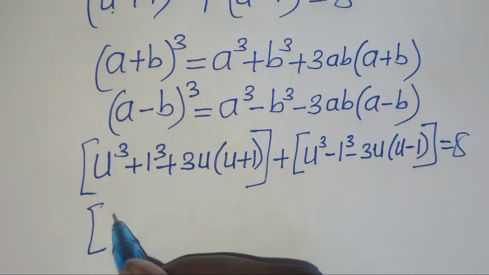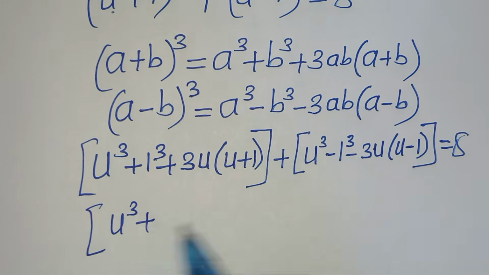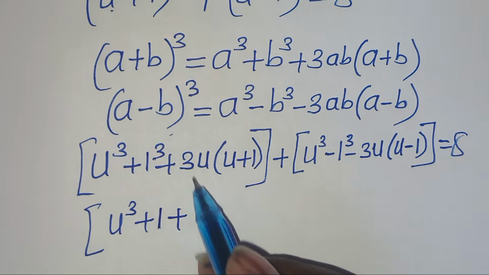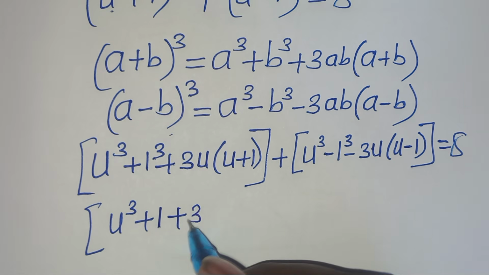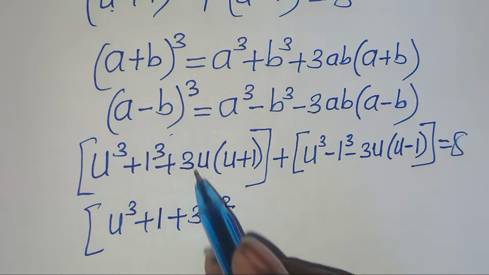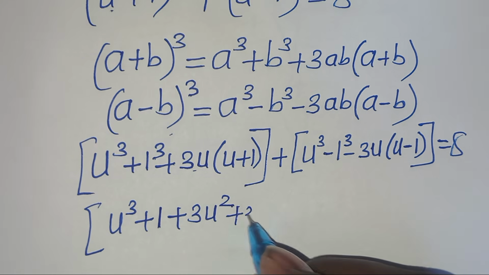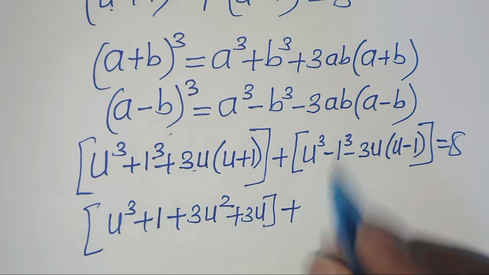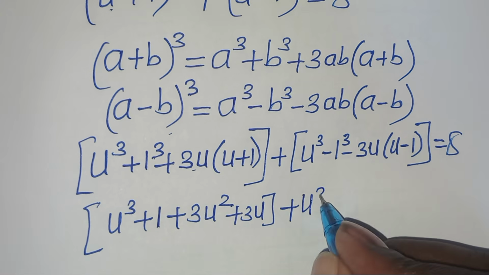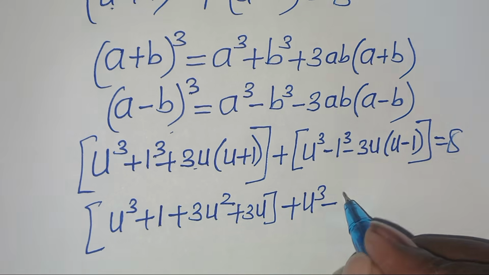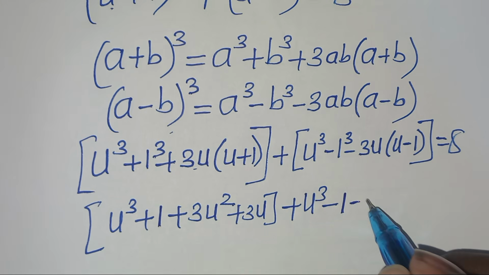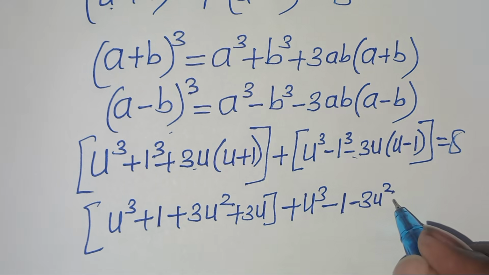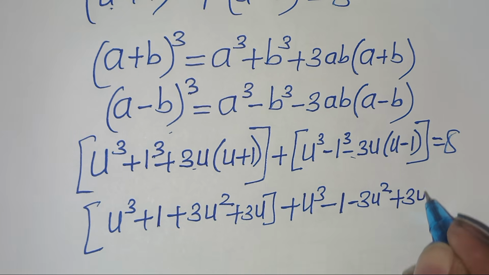So here we have u to the power of 3 plus 1 to the power of 3, this is 1. Then plus 3u times u, this is 3u to the power of 2. 3u times 1 is plus 3u. Then here we have plus u to the power of 3 minus 1 to the power of 3, this is 1, minus 3u squared minus 3u times minus 1, this is plus 3u.